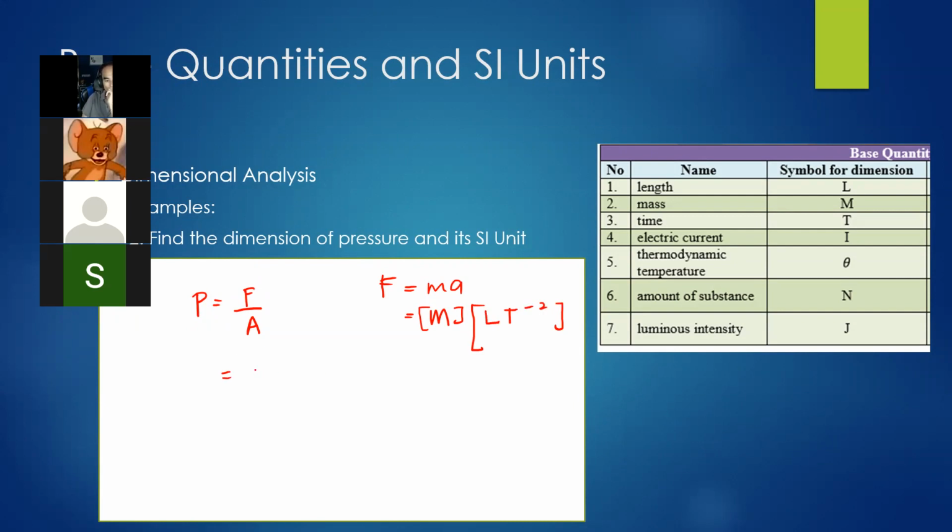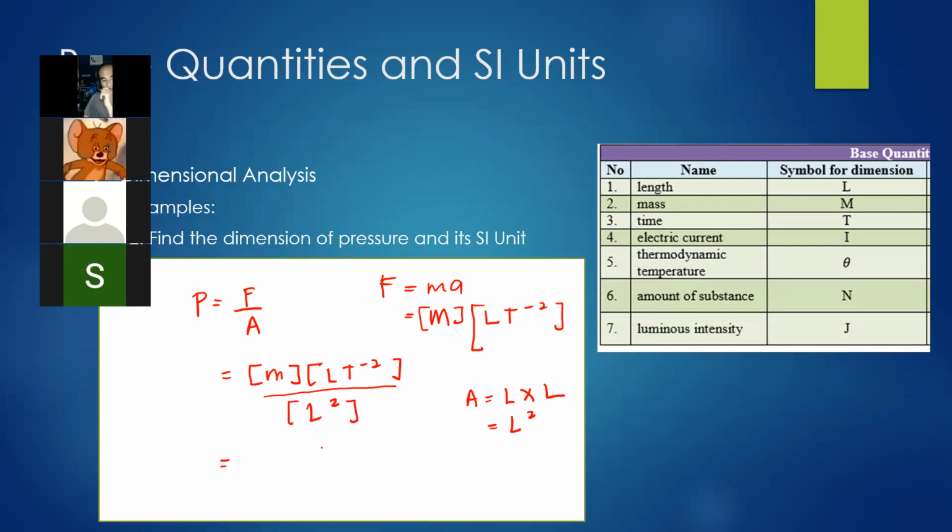So it is M, capital letter, right? So LT negative 2 divided by area. Area is length L times L. This is L squared.